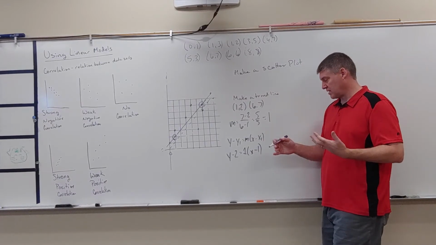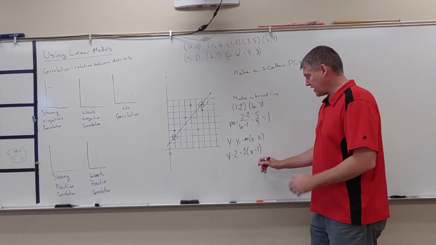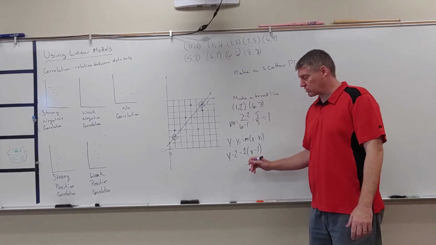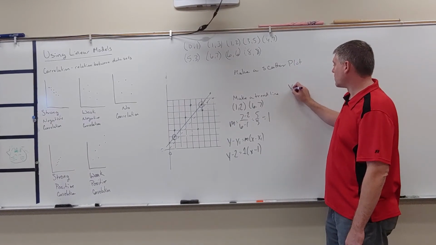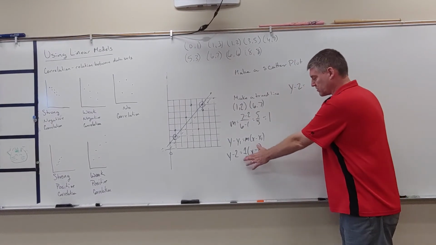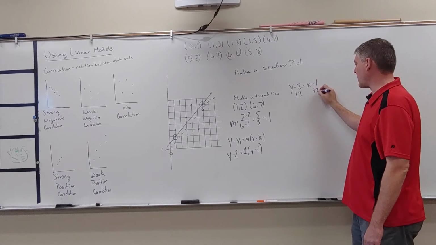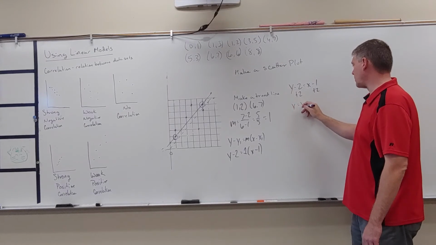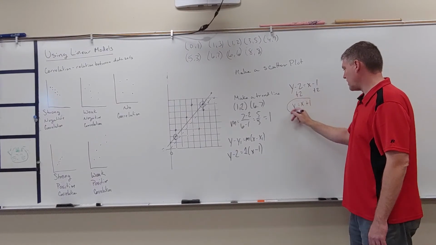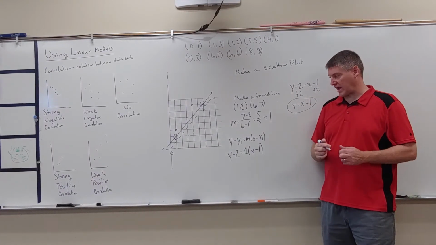There is my equation of the line. If I wanted to solve this for y equals mx plus b, I could do that. y minus 2 equals, I'm going to distribute my 1, x minus 1, add my 2 over, y equals x plus 1. There's my equation of the line.